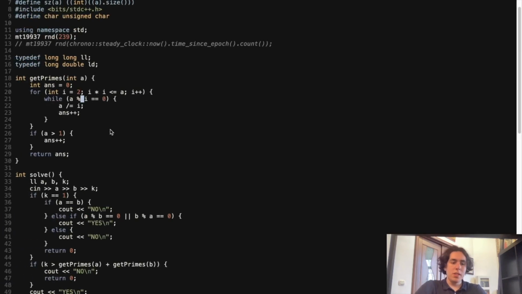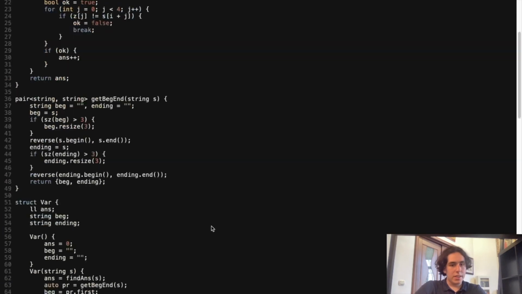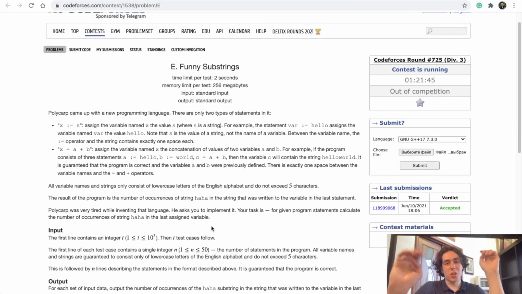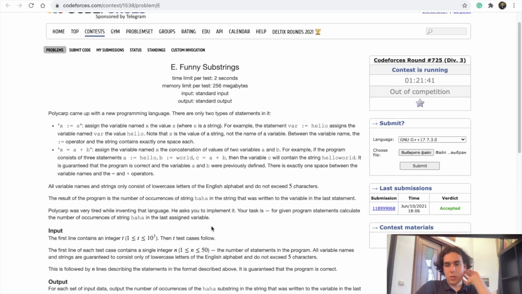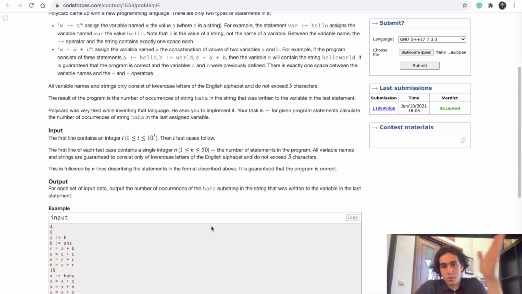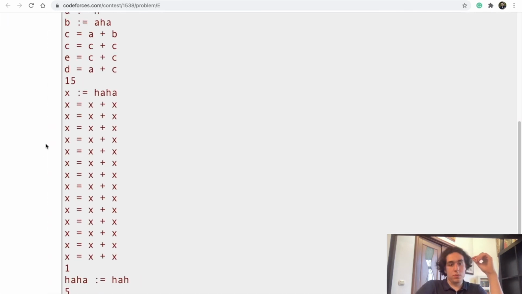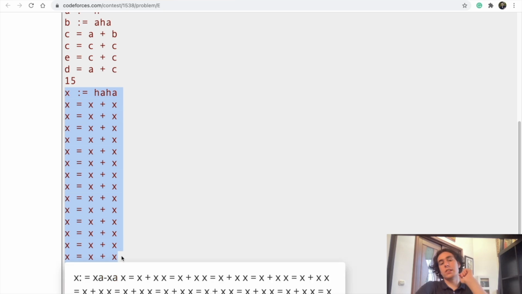So problem E was a little bit tricky. It was about writing some code, not really about thinking. So we should just implement what we were asked to do, but the only thing is that we can do something like this, which is shown here.